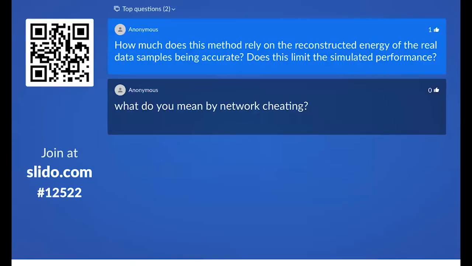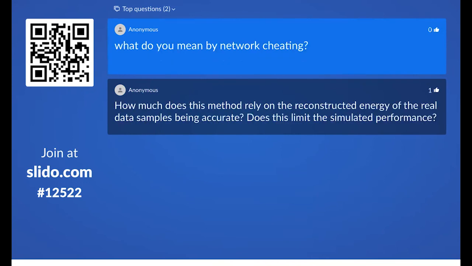Okay, so there are 2 questions, although maybe one of them might need a bit more information. Would you like to answer those questions? Can you see the question? What do you mean by network cheating? Oh, that's the thing: if you only have the events at a certain range and then you extend to data outside this range, it may lose accuracy.